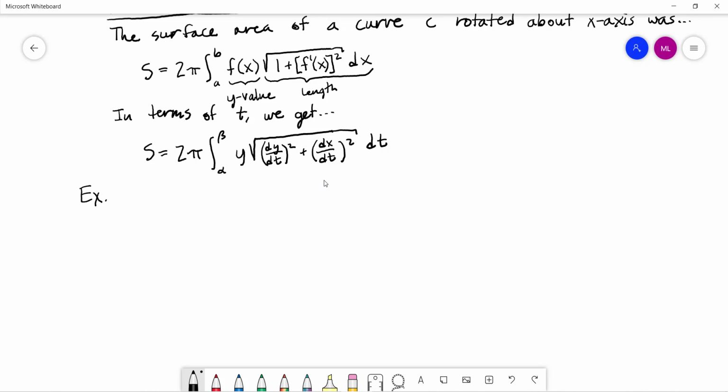Let's find the surface area of basically the curve given by the following.